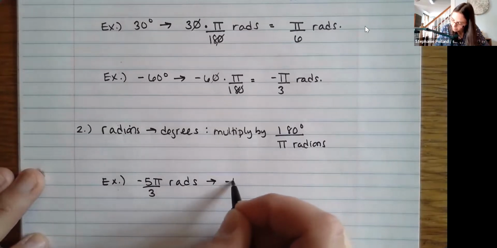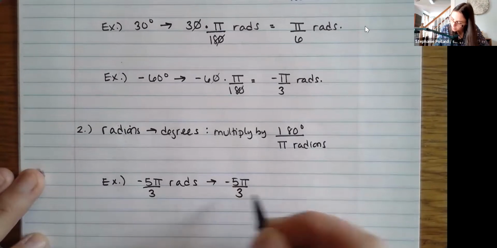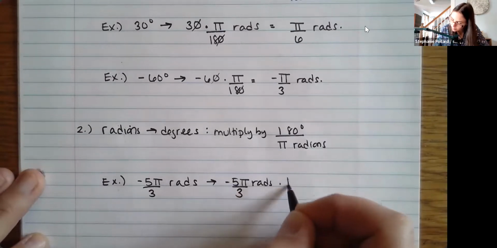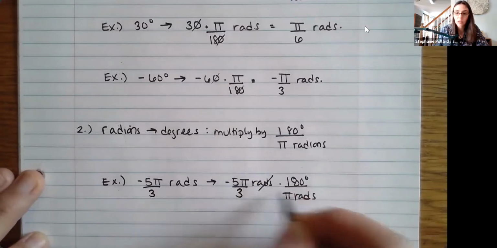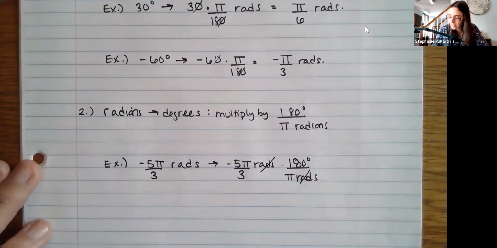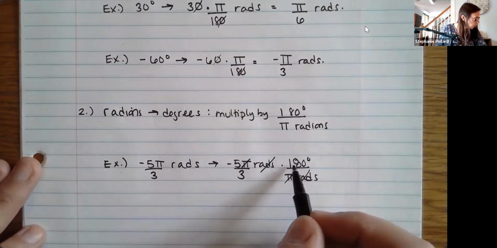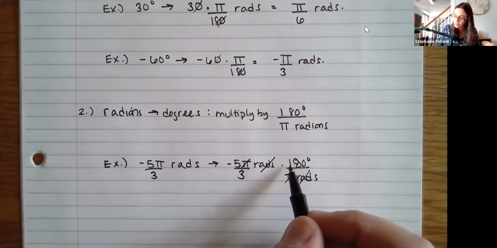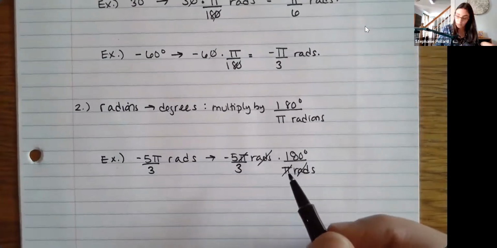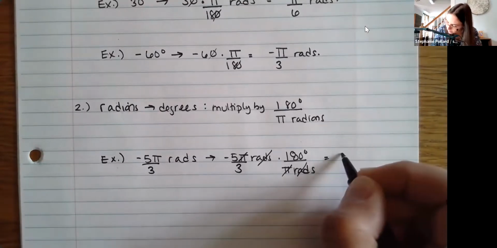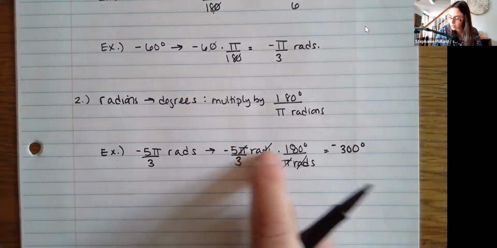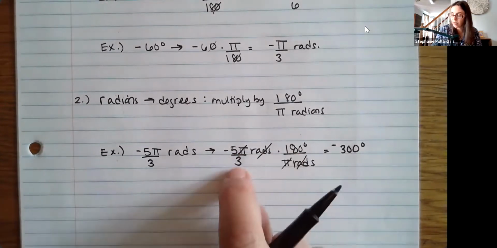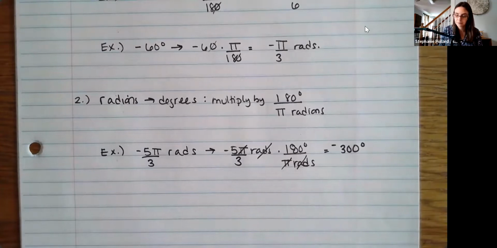I'll leave the units in for now. What happens is those radians cancel for units. And in this case, the pi also cancels. So you're just left with 5 times 180. And then you're dividing that by 3. And you get 300 altogether. And don't forget that negative. So 5 times 180 divided by 3, negative 300.